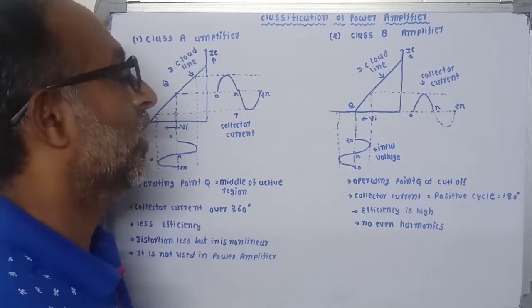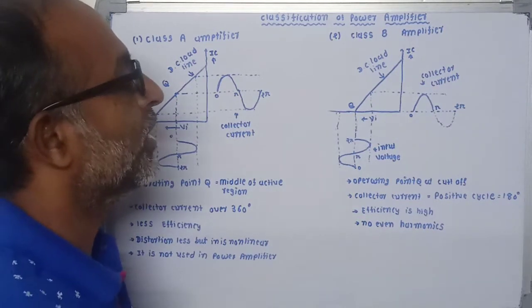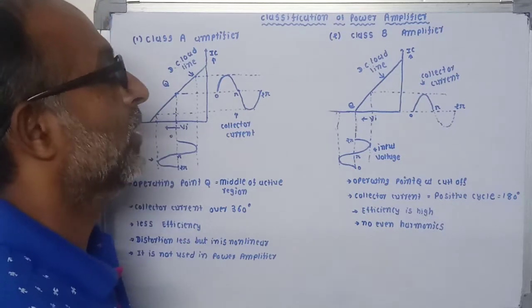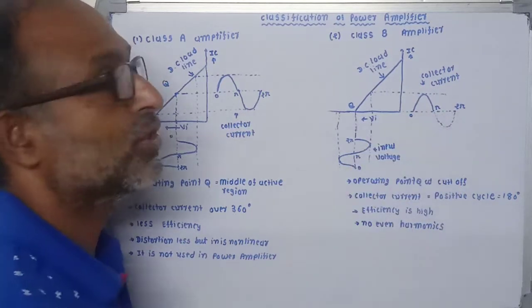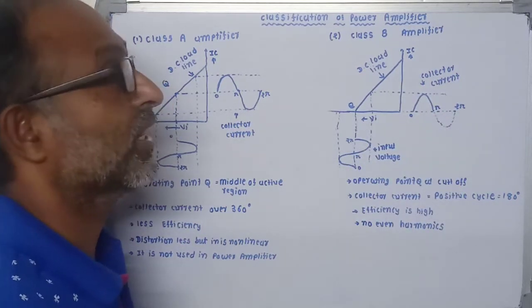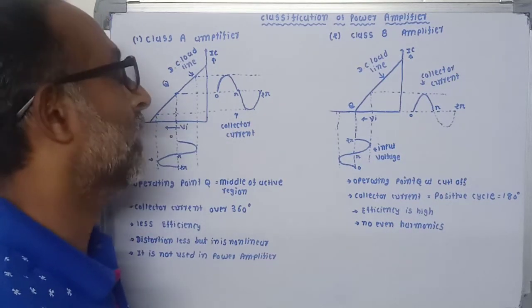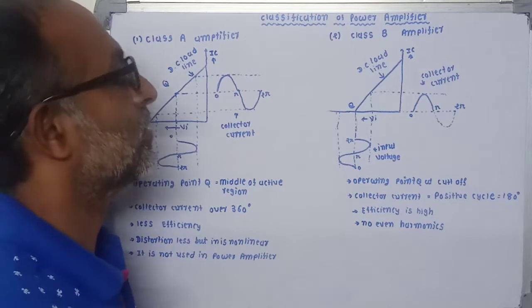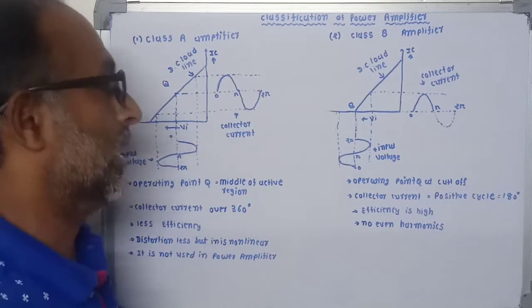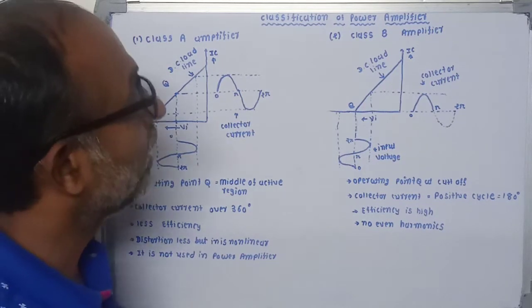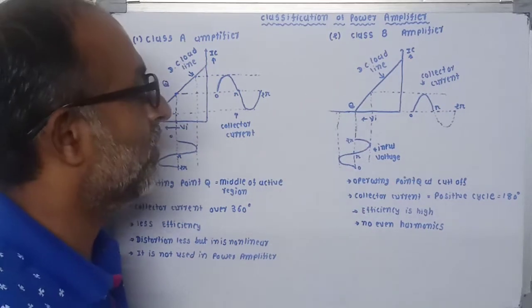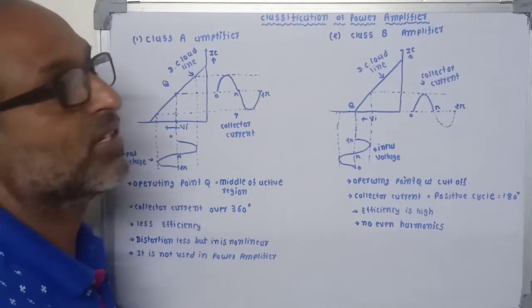Here the collector current flows only during the positive cycle. During the negative cycle, no collector current flows through the circuit, even when your input signal is 0. That's why the efficiency of this class B amplifier is high. Here in this class B amplifier, no even harmonics are present.